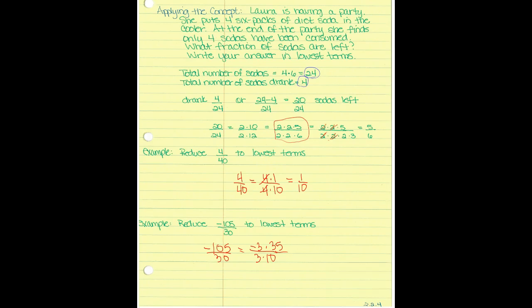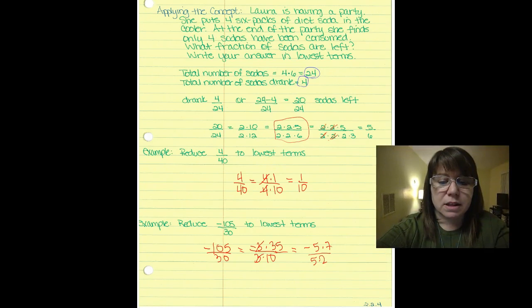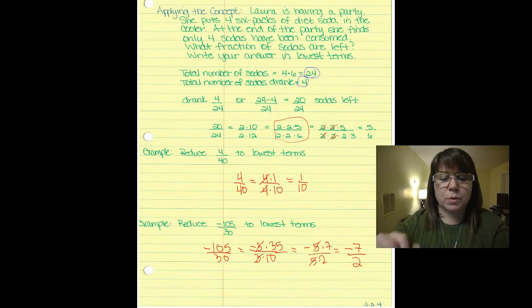But 35 and 10, we can break those down even more because they have some things in common. So I'm just going to go ahead and cross off those 3's right now. 35 is 5 times 7, and 10 is 5 times 2. Okay. So the 5's can go away. So I am left with negative 7 over 2.